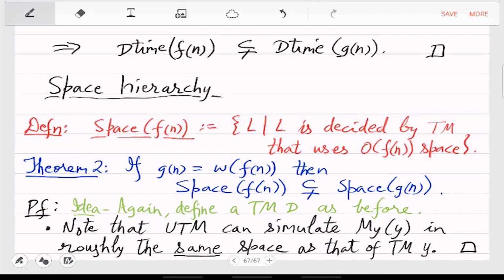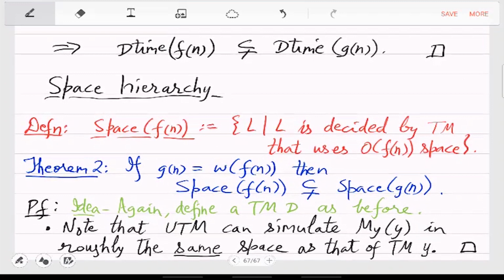And that will define D. And in the proof, when the simulation happens in step 2, there you can simulate within G(n), or you can simulate within F(n).